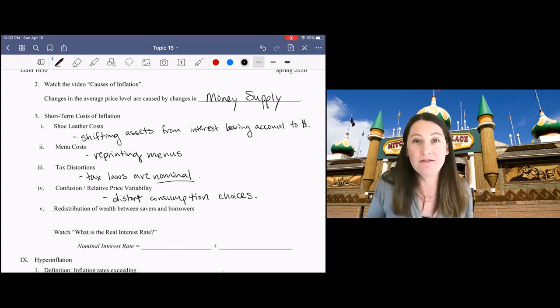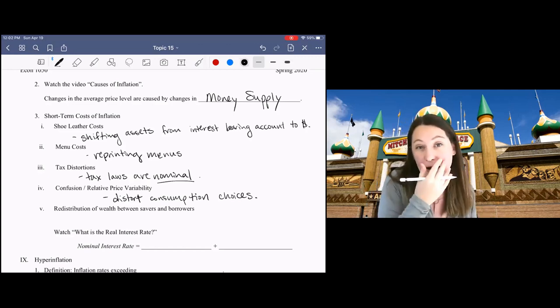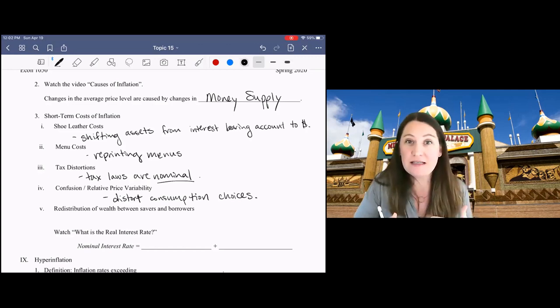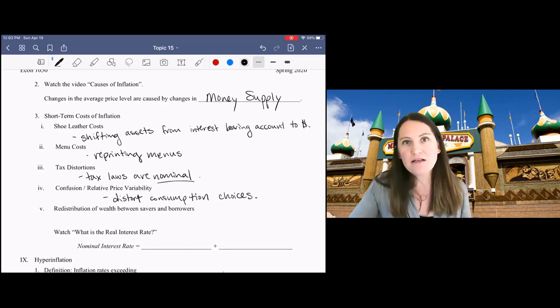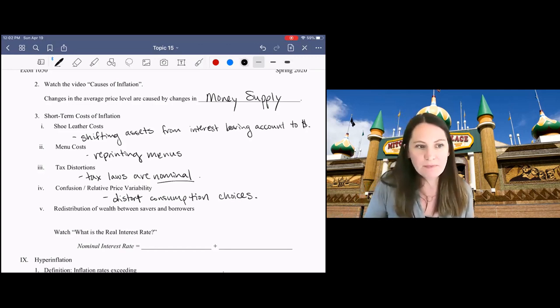We don't want a lot of unexpected inflation, on the high end or on the low end, right? We don't necessarily want unexpected deflation either. We want to have a fairly stable value of currency over time, not necessarily in terms of it's always worth the same amount, but perhaps that the value of our currency is decreasing, or price levels are increasing at a stable amount over time.